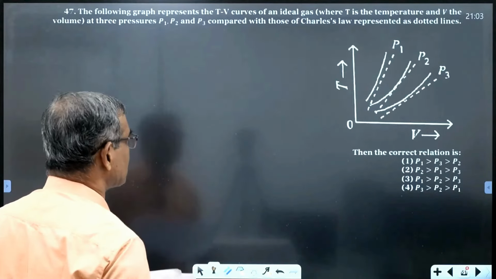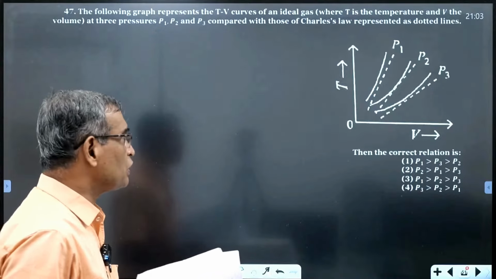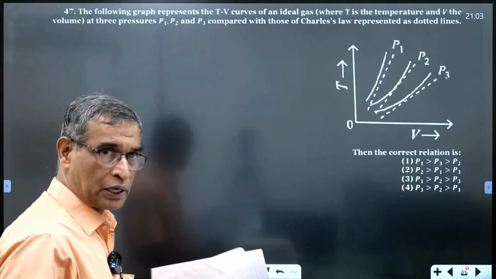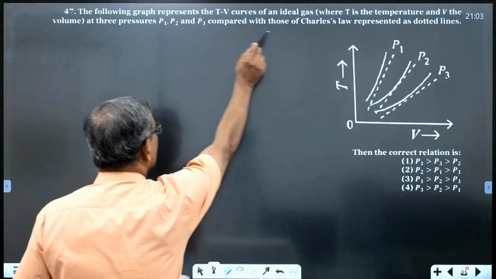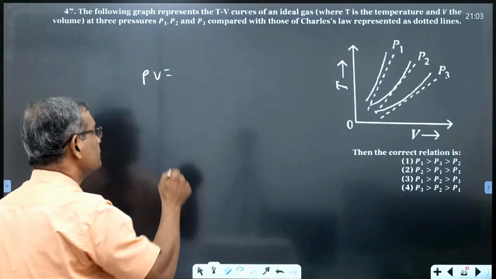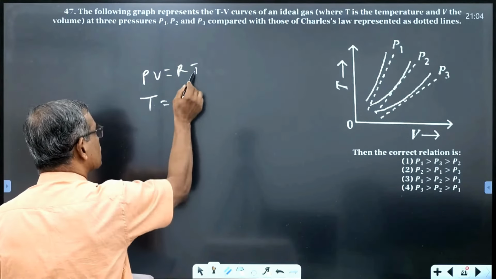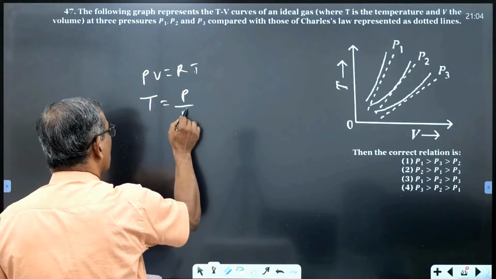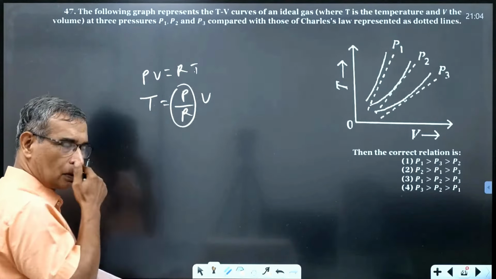Why is this deviation there? Because the pressures are not the same. What do we expect by Charles law? For an ideal gas, we can write the equation PV is equal to RT for 1 mole. Therefore, if you make a T equation, T is equal to P by R into V. This is a straight line equation.